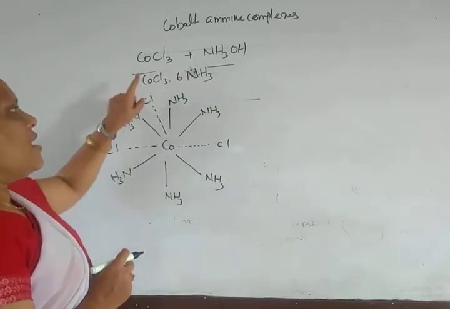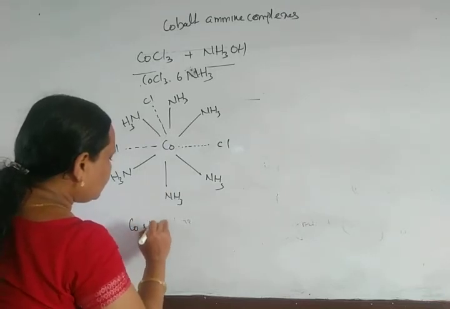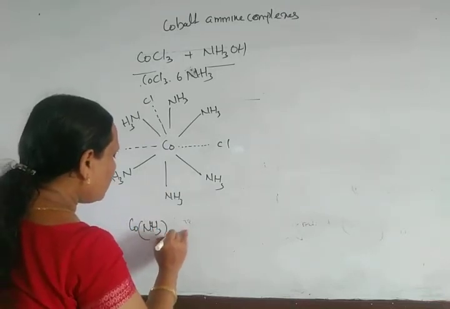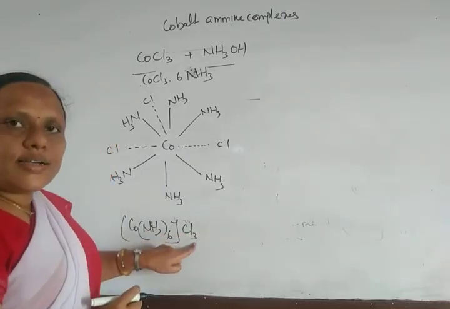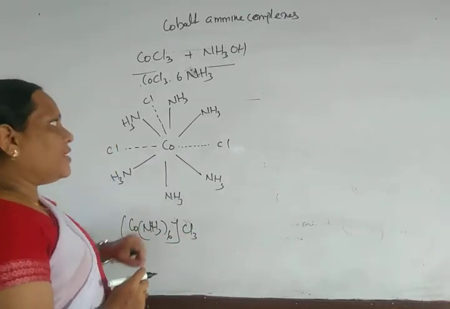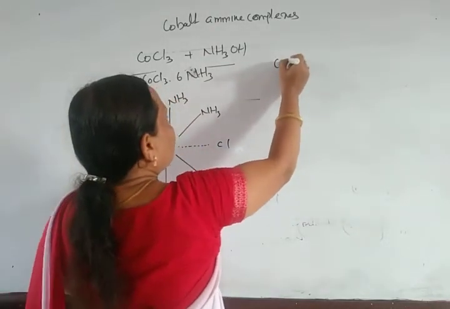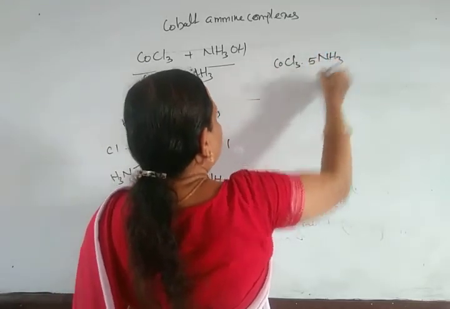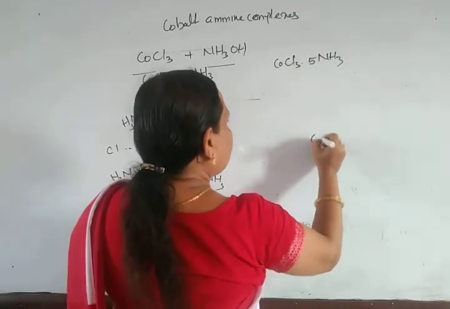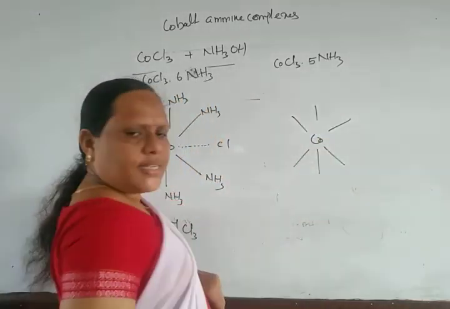Nowadays this is represented as [Co(NH3)6]Cl3, so these three chloride ions are ionizable. Similarly, suppose we consider the example of CoCl3·5NH3.